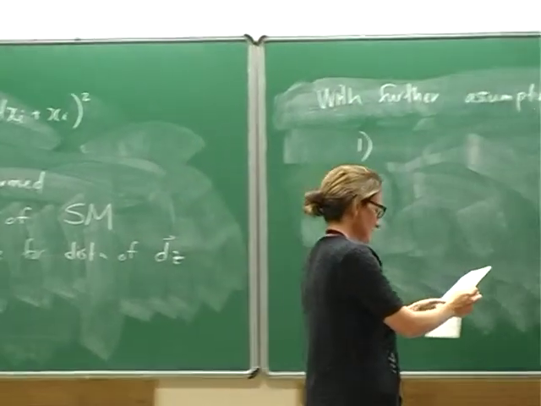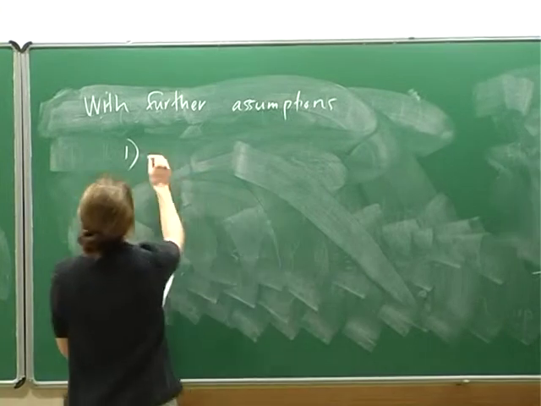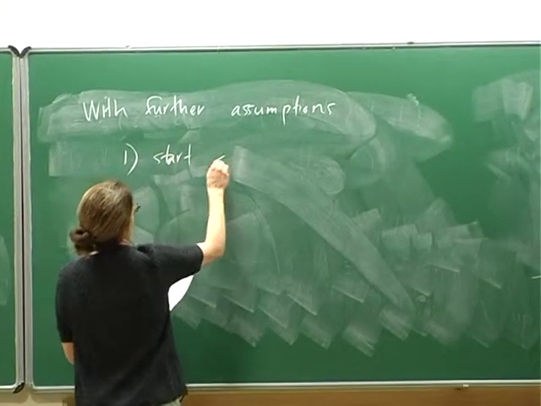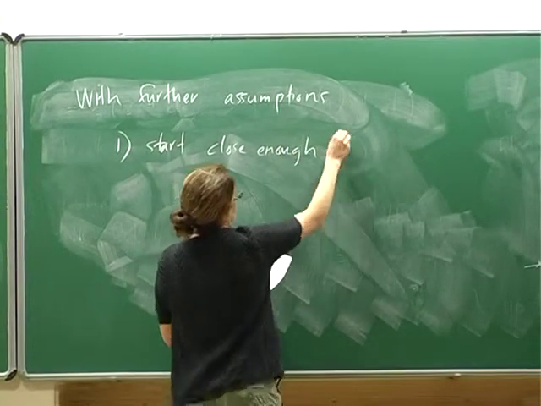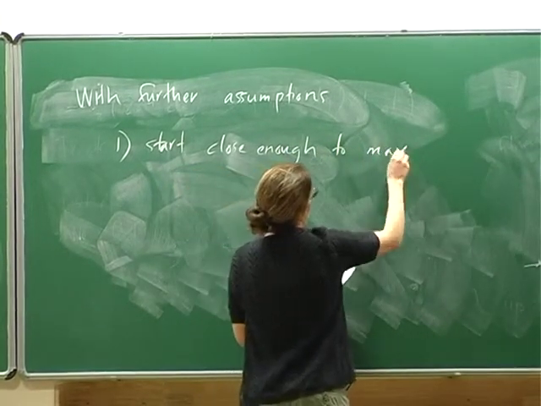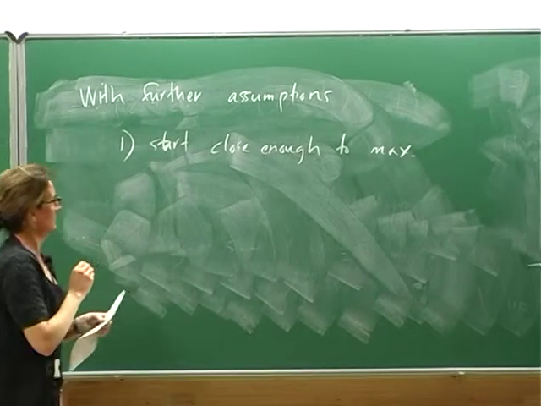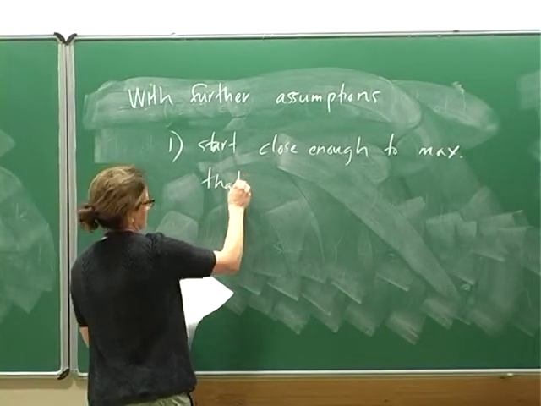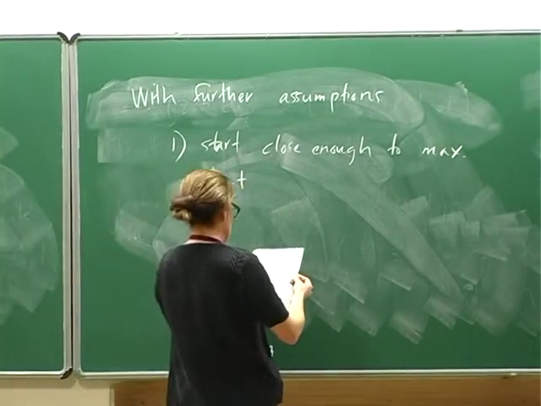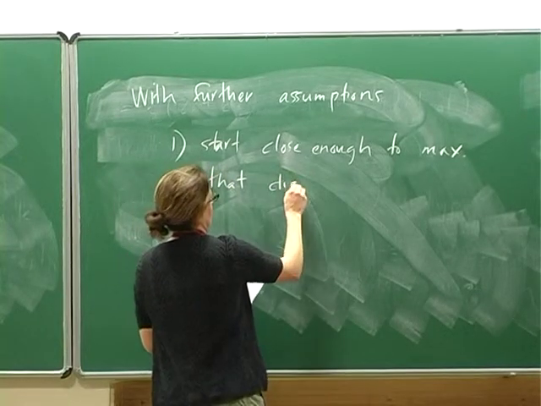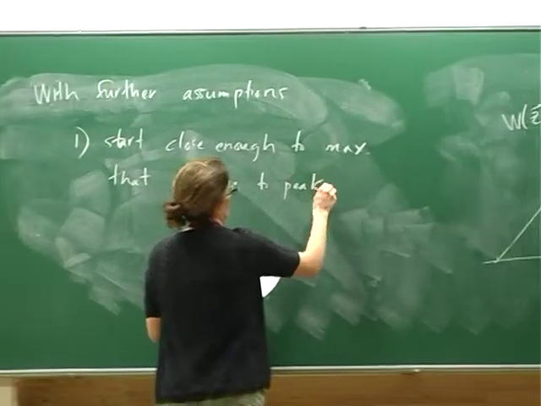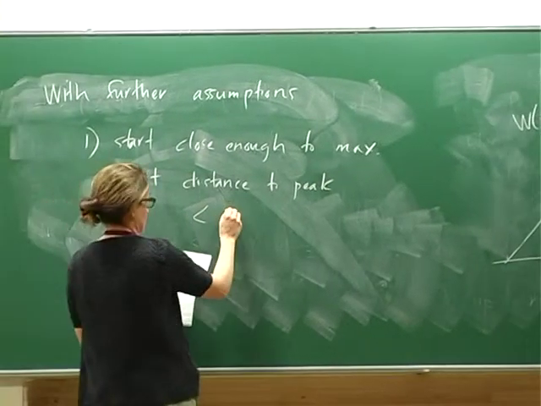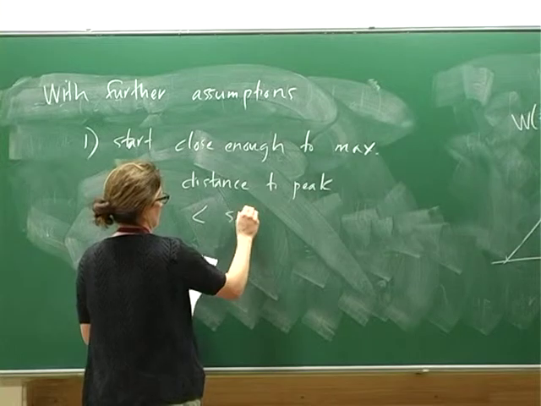So we can think, in words, you start close enough to the optimum or maximum, the best phenotype, that the distance to the peak is less than the size of most mutations.